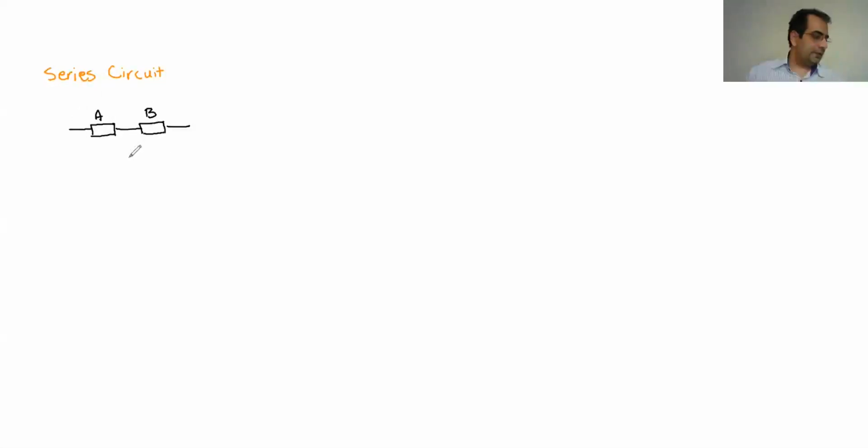When we have this series, a very important point is that if we have the current I here, then we have the I here, then we have the I here. If the elements are in series, they all have the same current.